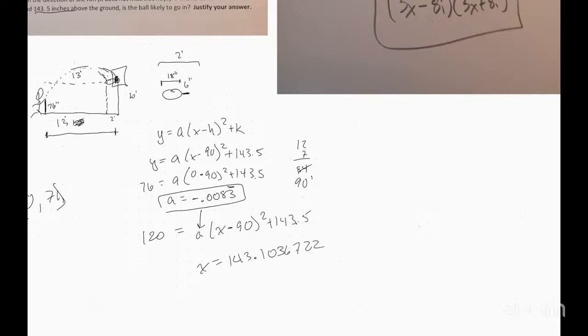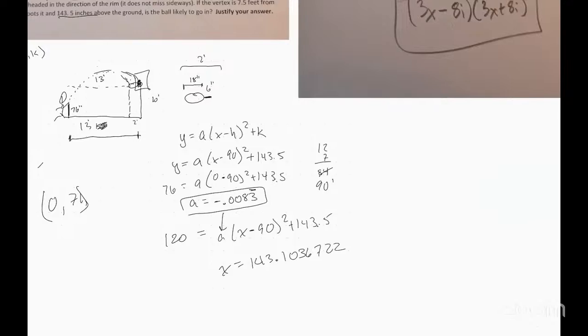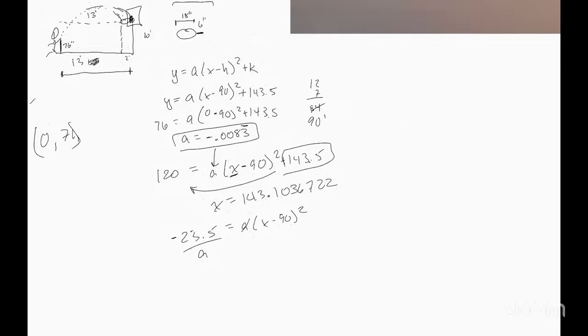Wait, so would you move the 120 to the other side? No, I subtracted it to the other side. Remember, we're trying to solve for x. So you get negative 23.5 equals a times x minus 90 squared, and then divide by a. Dividing by a gave you 2820 equals x minus 90 squared.